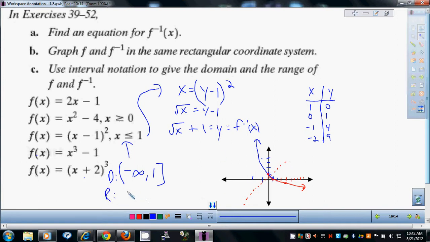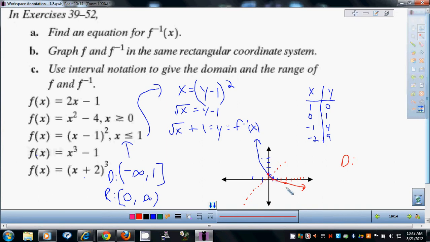How low does it go? What is the lowest value that this function went to? 0. And how high did it go? You're right, we stopped at 9, but we could have kept going and it would go all the way up to infinity.